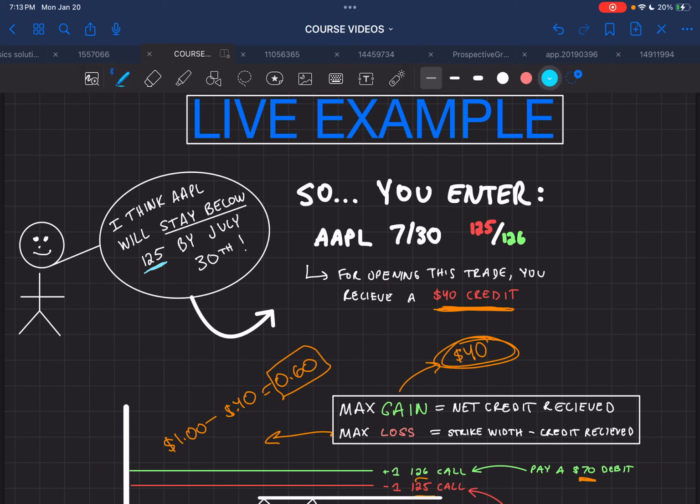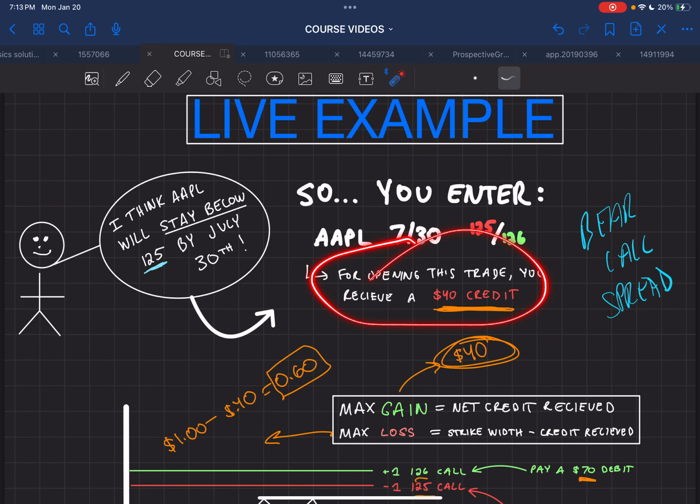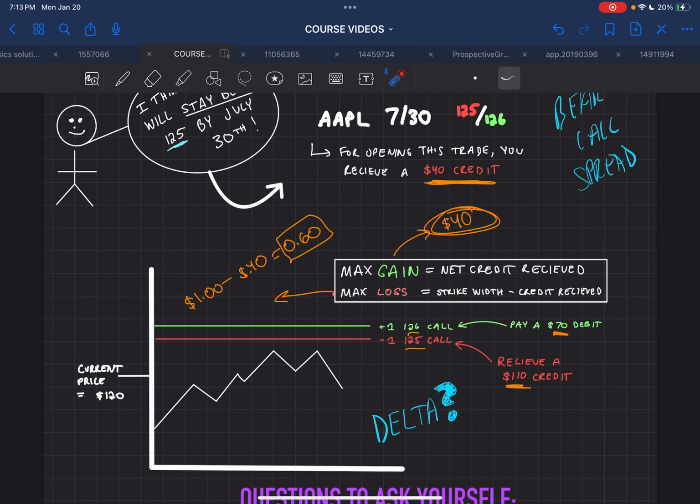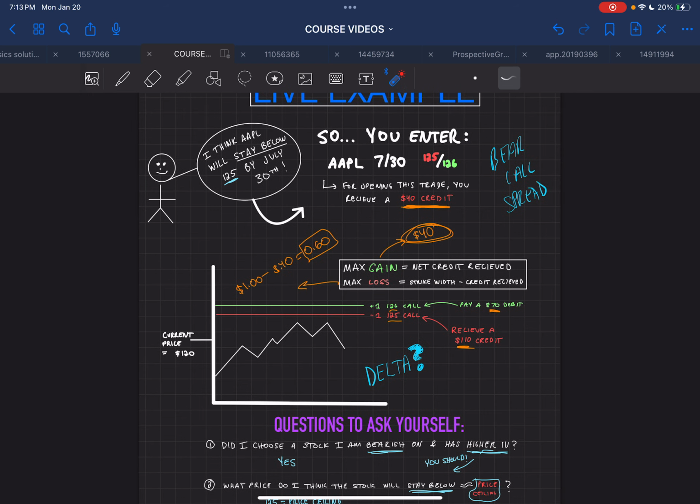It is a bear call spread. Okay, so like I said, we've already run through this. We saw that we're collecting a $40 credit to open the trade, and then we're taking the width of the strikes minus our credit received to get a $60 max loss.